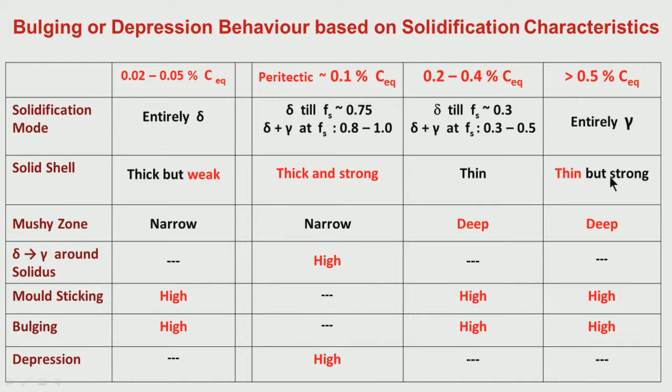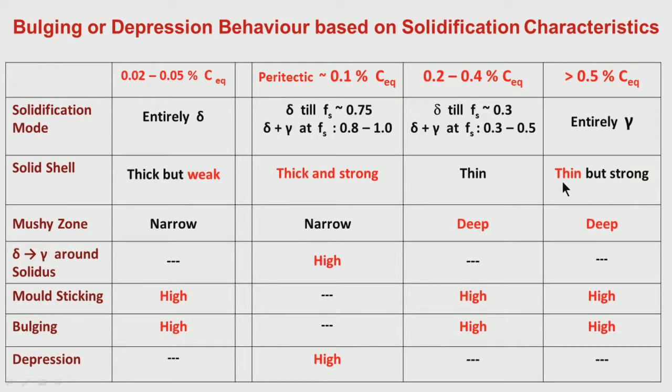So here what is the solid shell? It is thin. Why? Because of the microsegregation effect for all alloying elements, particularly phosphorus and sulfur, which is more in the austenite solidification region.